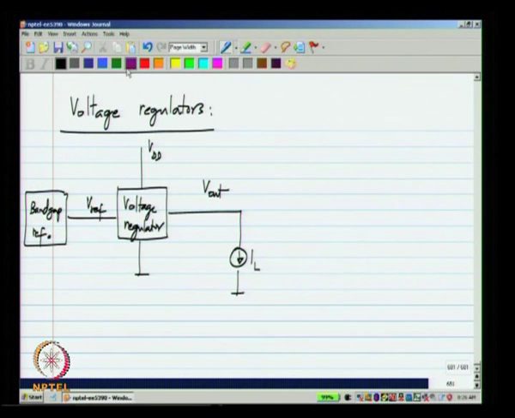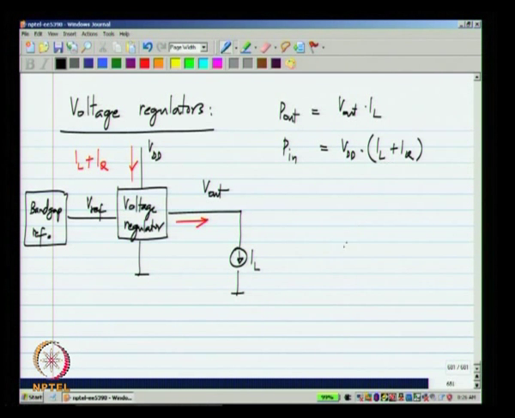Now, the current flowing through the supply will naturally be the current flowing out, which is IL plus some current that is consumed in the circuit. I will call it IQ, the quiescent current in the voltage regulator, and also the output voltage is V out. So, the power that is delivered to the load is V out times the load current, and power that is drawn from the supply voltage VDD is VDD times IL plus IQ.